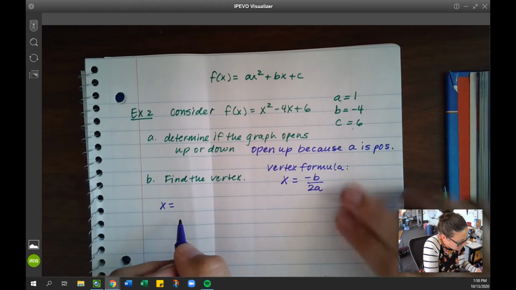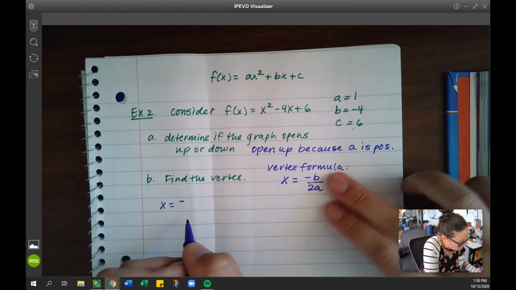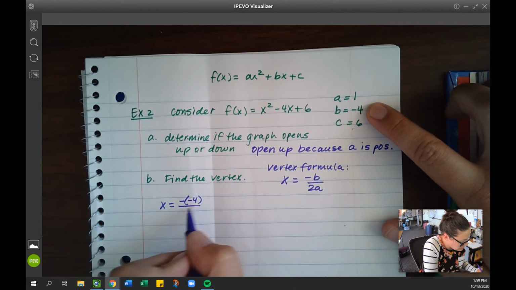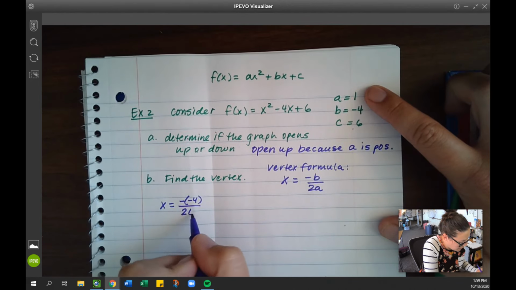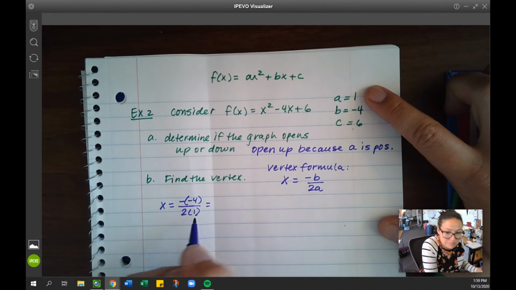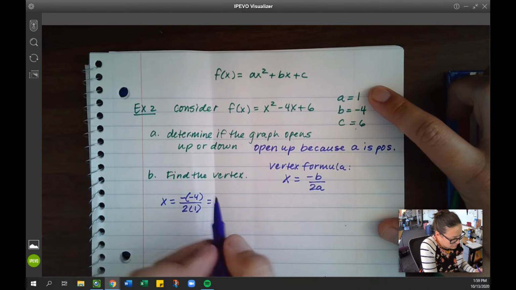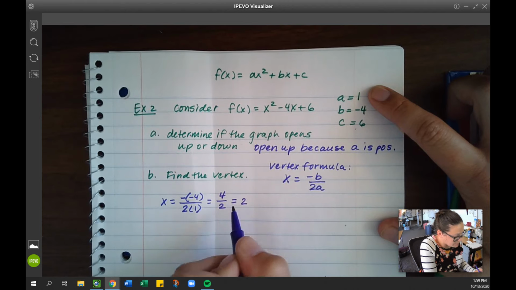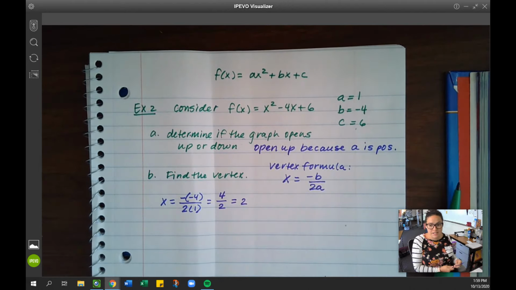X equals negative B. Well, B is negative 4 in this case, over 2 times A, which is 1. Negative 4 is 4. 2 times 1 is 2, which means that X is 2.